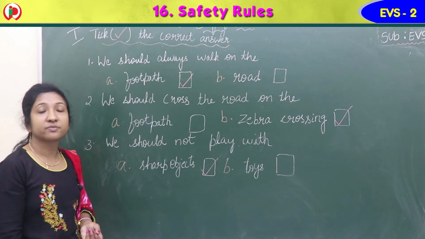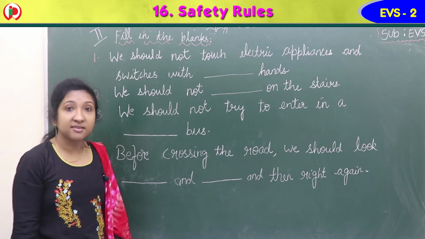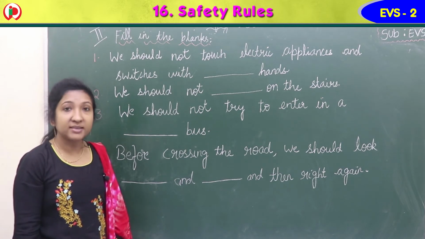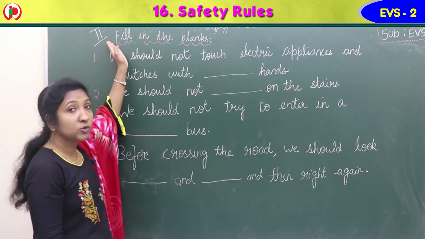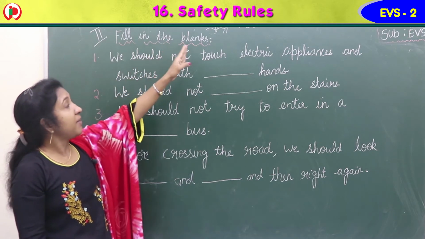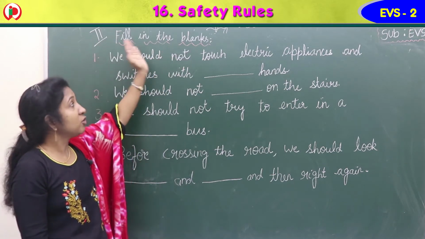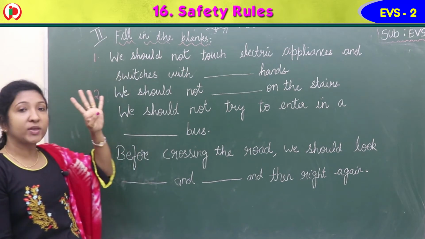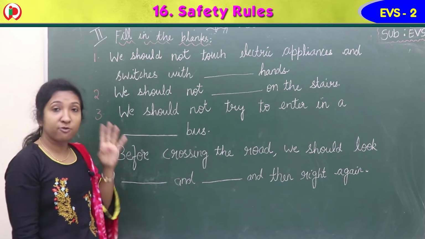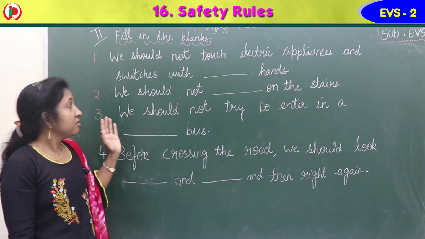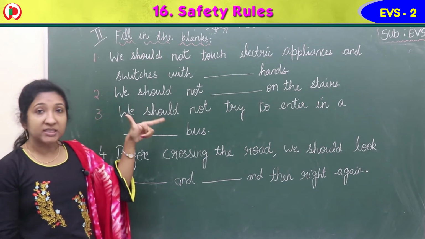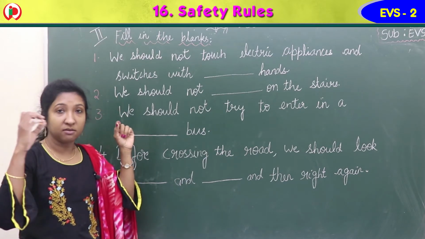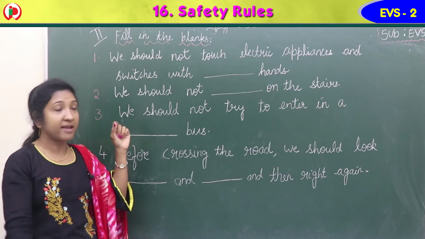Okay, children, our next exercise in the workbook is exercise 2, fill in the blanks. Four questions are there. You have to read each question, write the correct word there and fill in the blanks.